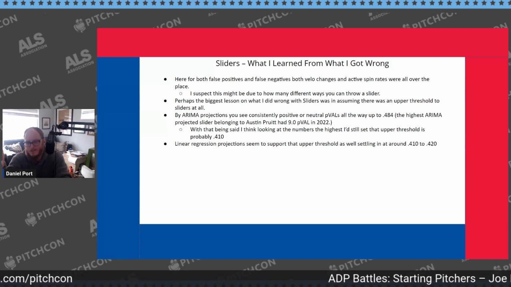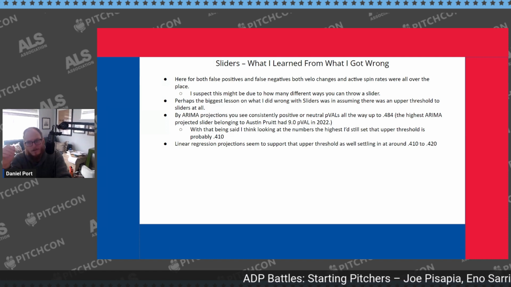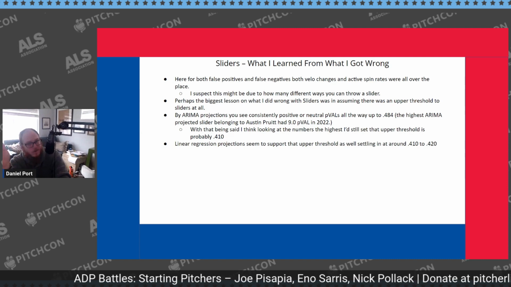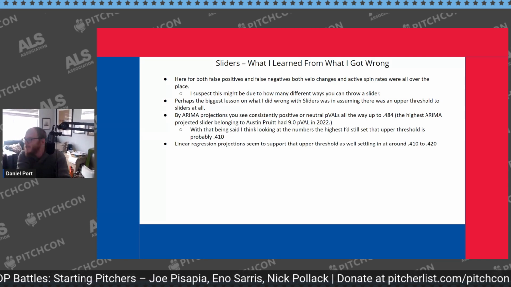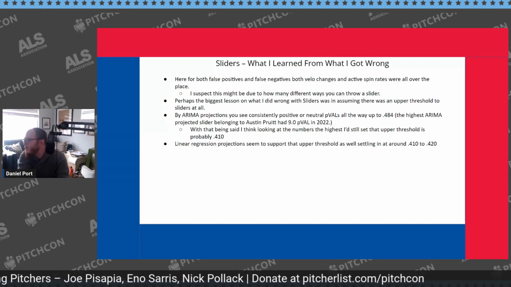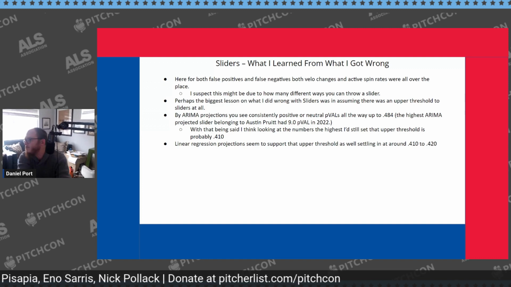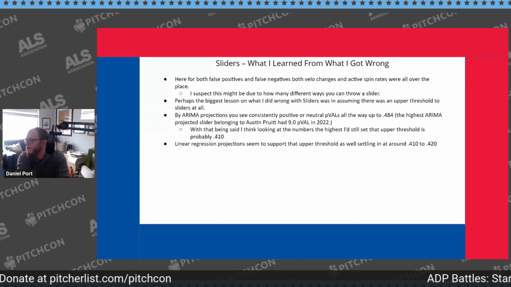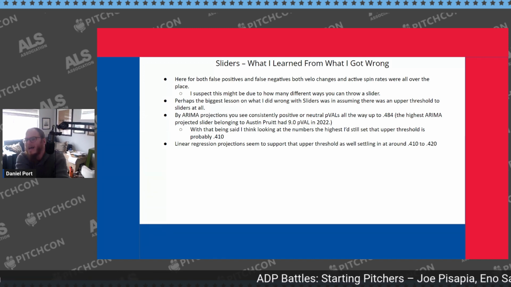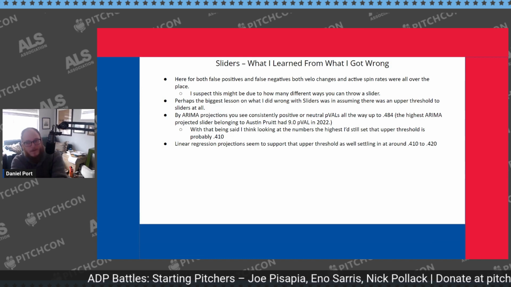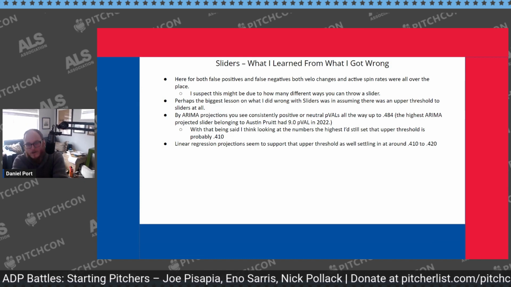So not as extreme as that 0.484, but still pretty darn high for what I would have expected. So that would be the change I would make, and I agree, somewhere between 0.400 and 0.450 is probably the right range. I totally agree. That would be where my adjustment for my next set of predictions would be for sliders.